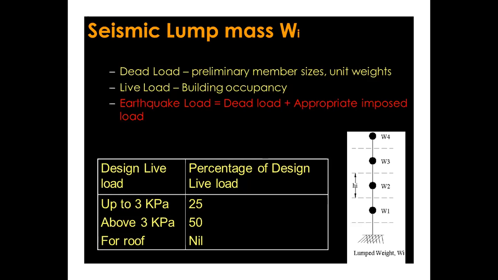So here is the design live load. Two values are given. If the design live load is up to 3 kilopascal, above 3 kilopascal, or for the roof, there are code provisions for the percentage of design live load. How do we take this percentage of design live load? Whenever the design live load is up to 3 kilopascal, the percentage is taken as 25%. If it is above 3 kilopascal, the percentage is taken as 50%.